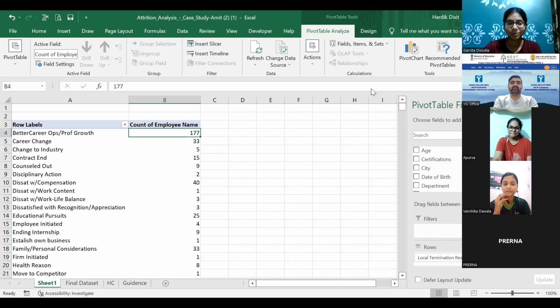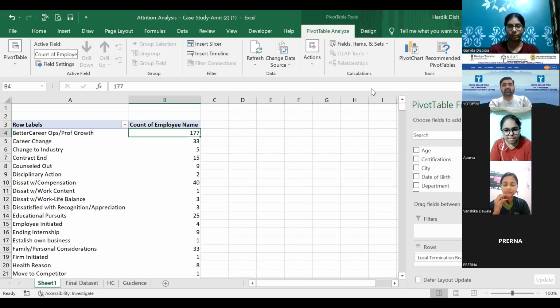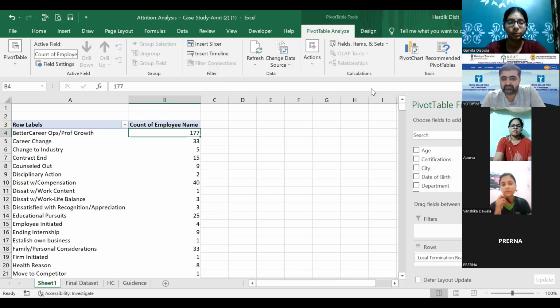Okay, what it implies, this data: 177 people left for better career options or professional growth. What do you understand from this? Sir, it shows that the company is not providing them with training and development. They are not providing the employees training so that they can grow in their career.